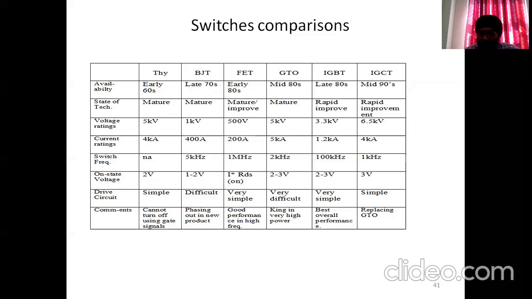But the biggest advantage is that the gate drive circuit is very simple in IGCT. But in GTO, it is very difficult. So that's why IGCT has all the advantages of GTOs, and one additional advantage is a simple gate drive circuit. So that's why IGCTs are actually replacing GTOs.